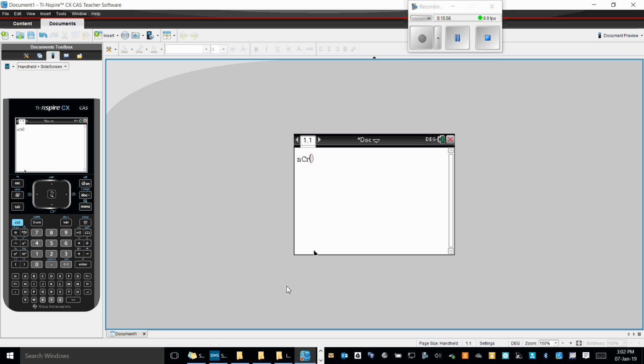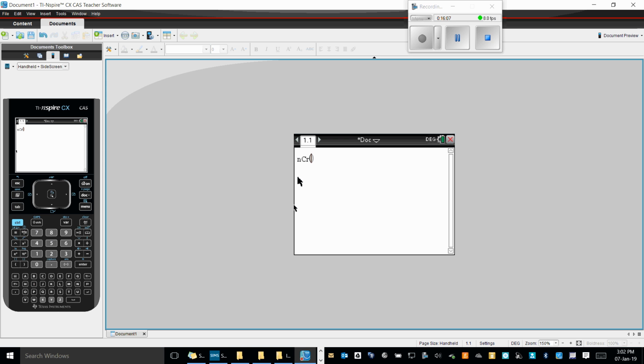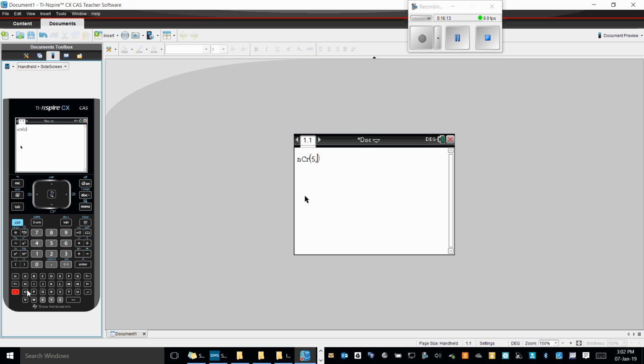So this is where we have to look back at what we actually want to find. If we want to find 5, 3, we would, in our calculator, put 5, comma, which is down here on the left, 3, and press enter, and lo and behold, it was the number 10.